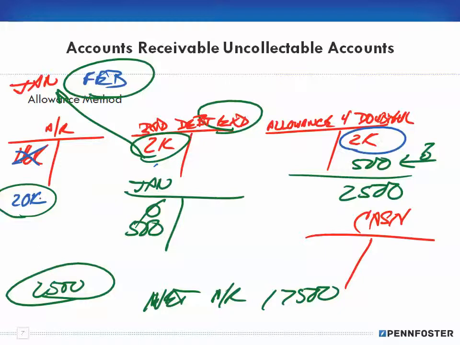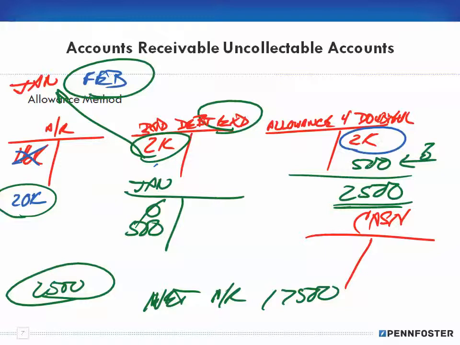accounts receivable should be 17,500. It is 20,000 at the end of February. I determined that 2,500 of it is bad debt. Remember, we're using the percentage method or the aging method to determine that. And because of that, I need the balance in my allowance for doubtful account to be $2,500. Well, if I had $2,000 in it before and I need it to be $2,500 now, how much do I have to write off?